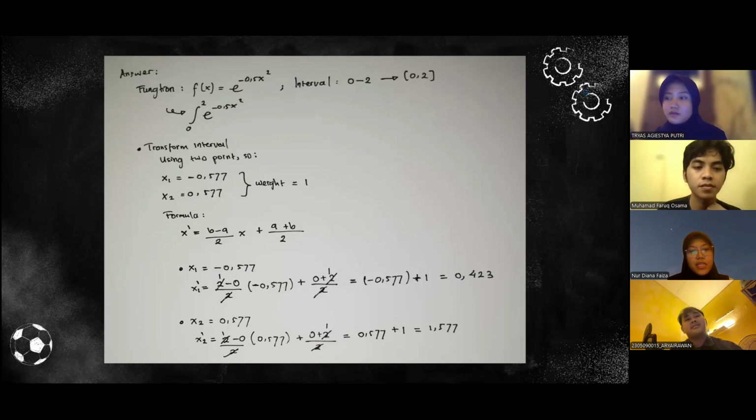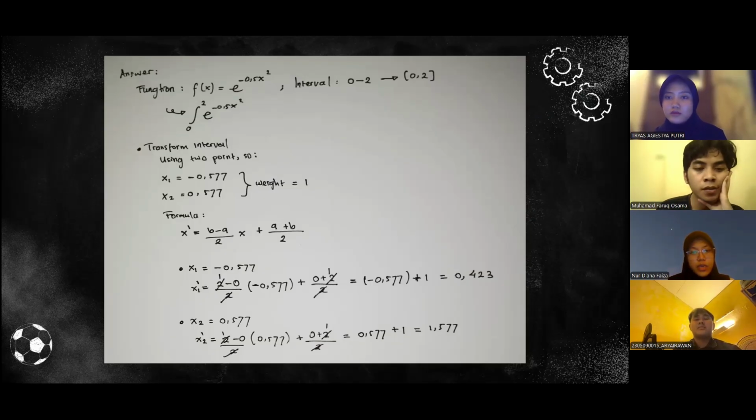The formula for x is (b minus a) per 2 times x, and then plus (a plus b) per 2.